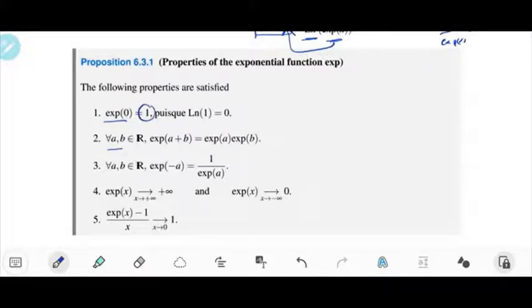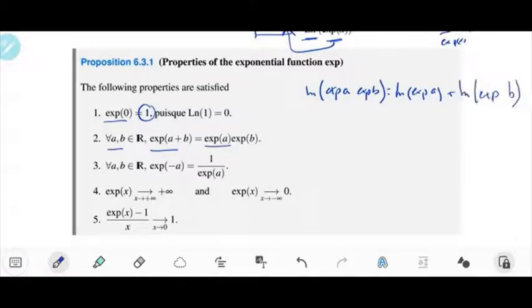Then for all a, b, exponential a plus b is equal to exponential a times exponential b. In fact, this is due to the fact that if you take ln of exponential a times exponential b, it's equal to ln of exponential a plus ln of exponential b, which is equal to a plus b.